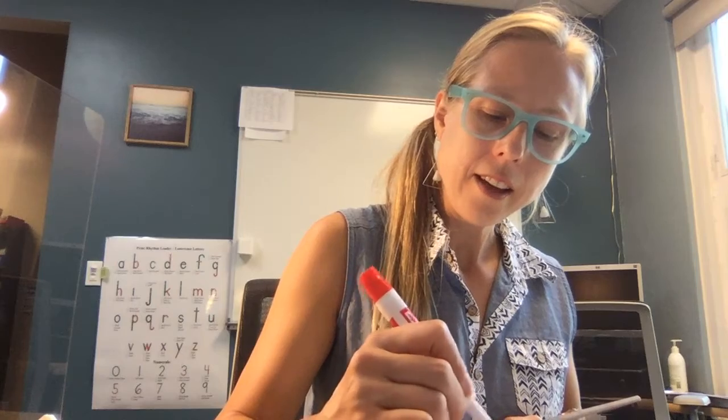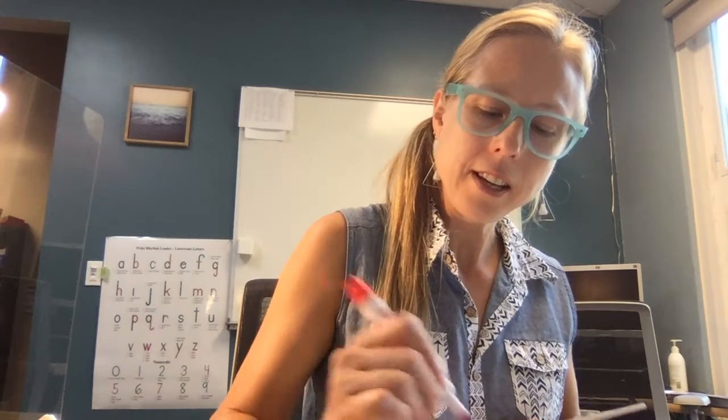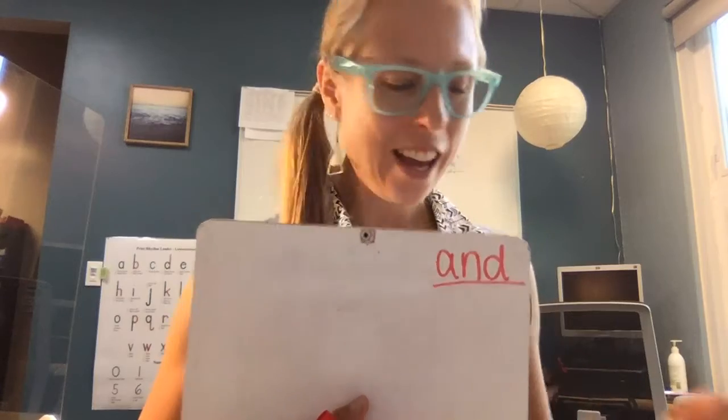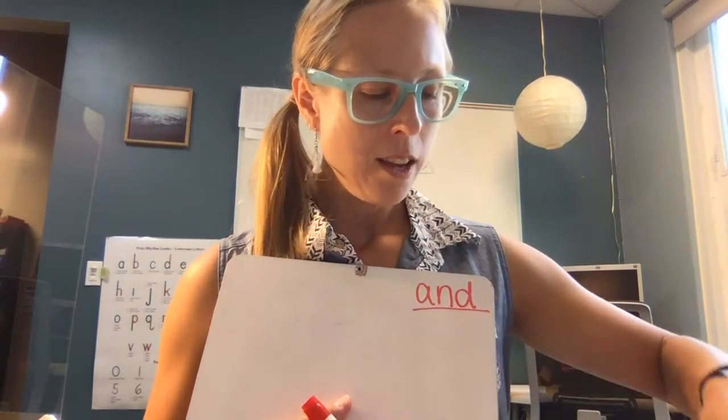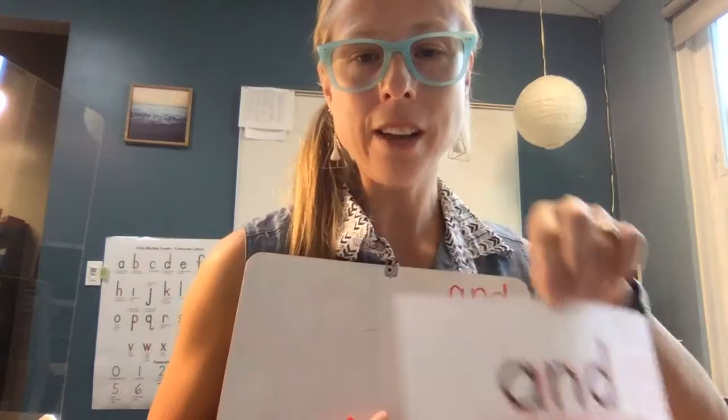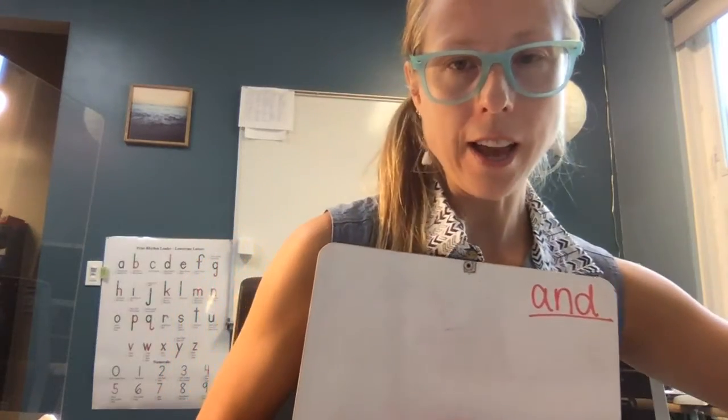A, N, D, and. Excellent. Sometimes it's easy to mix up B's and D's, and that's why when we're first learning this word, it's really nice to always have this example there to look at, to make sure that you always have your D looking like that.